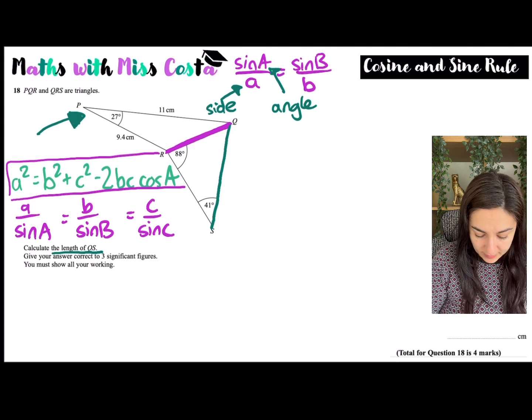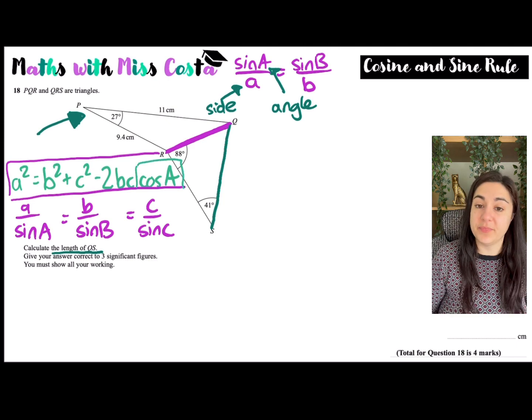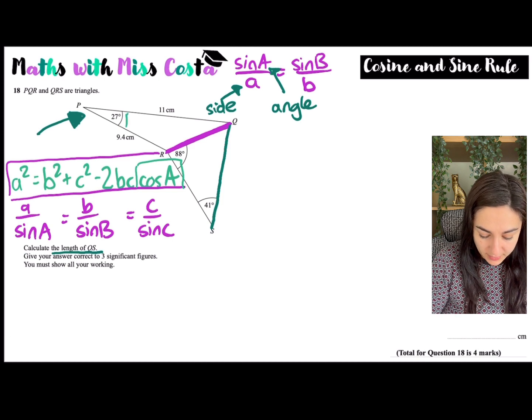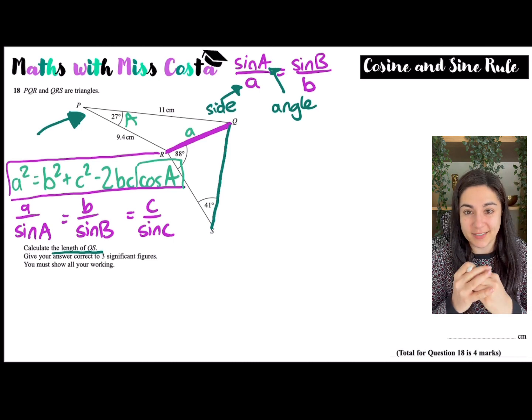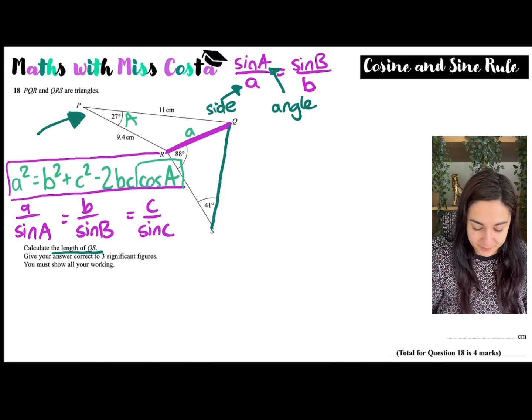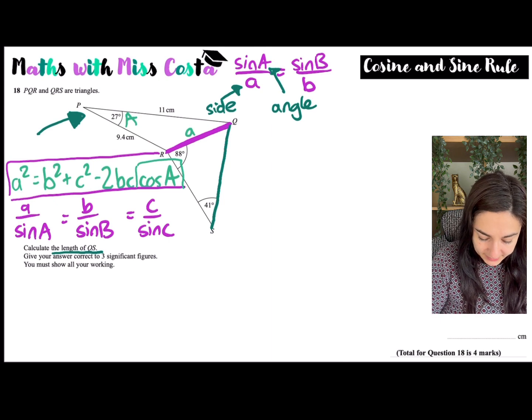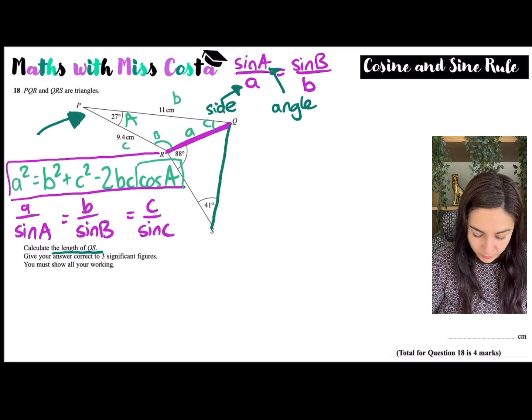So cos A means A is going to be your angle. Therefore, this little side is going to be little a, and that's convenient because you are trying to find out a, the little a, the side. So label everything else. This could be little b, this would be big B, but it doesn't really matter because you're not using the angles for the cosine rule.